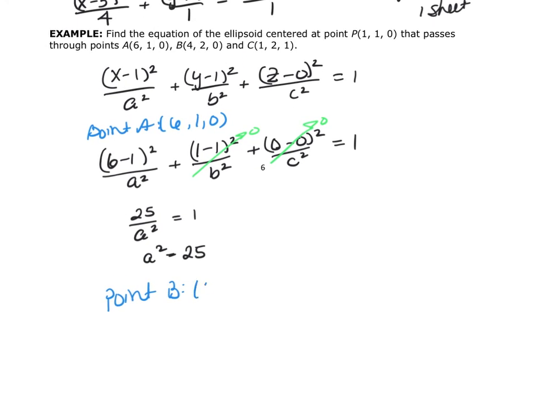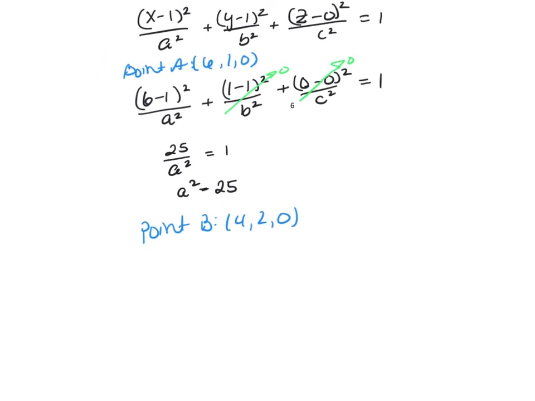Point B is 4, 2, and 0. So wherever I see x, I'm going to replace it with 4. So it's going to be 4 minus 1, the quantity squared, over 25, because we know what a squared is, plus 2 minus 1, the quantity squared, over b squared, plus 0 is equal to 1.